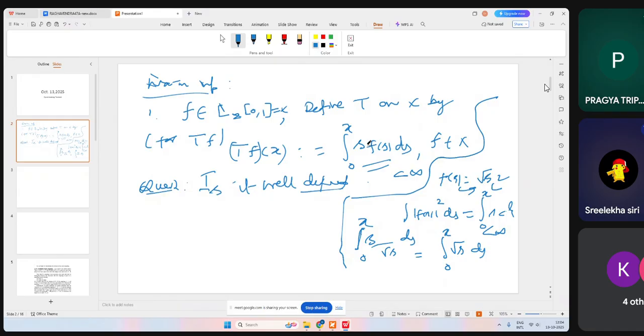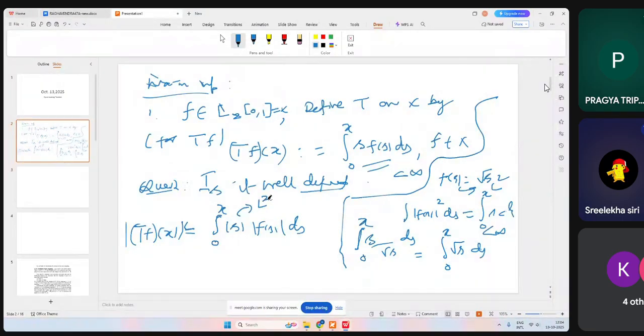So now if you take this Tf at x, the modulus of this is nothing but the integral from 0 to x, which will be less than or equal to the integral of mod s mod f(s) ds. Now how do you know this is finite? Integral values are less than infinity.